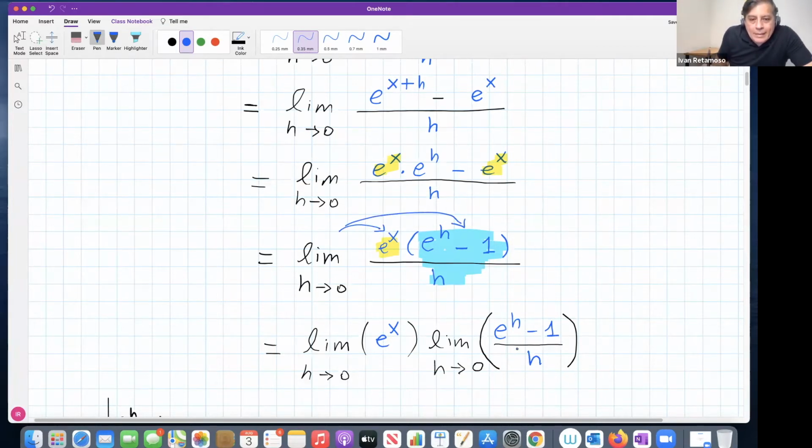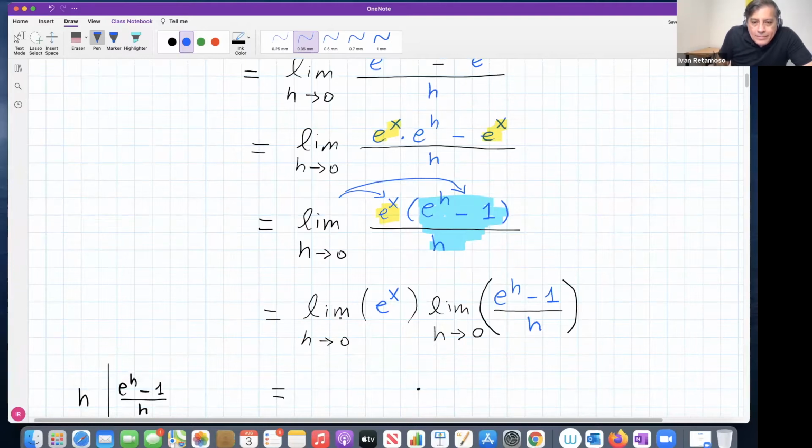But now, notice, guys, that this limit of e to the x as h approaches 0 is easy to compute. e to the x behaves as a constant function with respect to the variable h, okay? Again, x with respect to h is just like a constant.